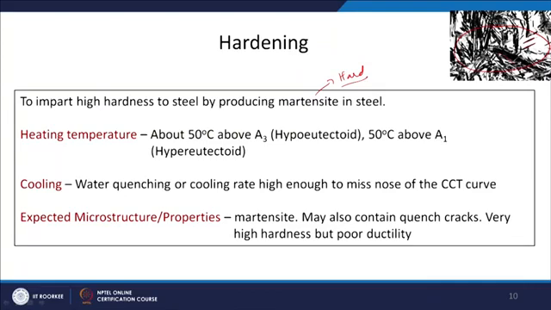So, it is always advisable to add alloying elements if you want to do hardening, so that the nose of the curve shifts toward the right and you get enough time, or you can have a slower cooling rate also to get martensite. Basically, this was not explicitly told to you when we were discussing the TTT curve. So, let me explain this idea to you.